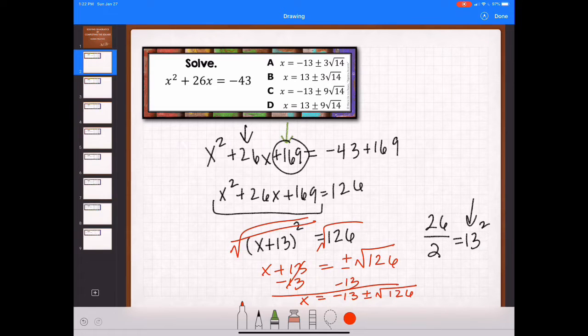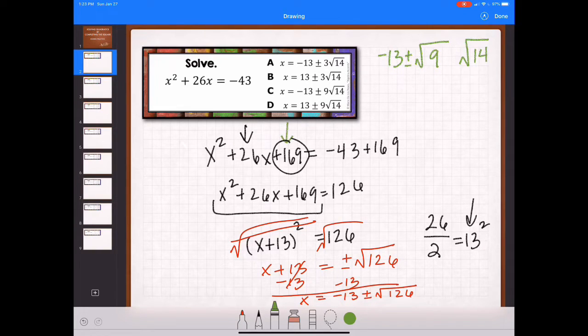Now notice that the answer choices don't match up, and the reason is because you still need to simplify that radical. So you have negative 13 plus and minus. We need to find two radicals that multiply together that equal 126. So if you take a look, let's see, 126 divided by 9 is 14.